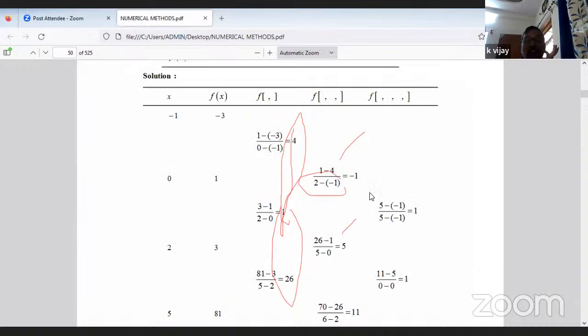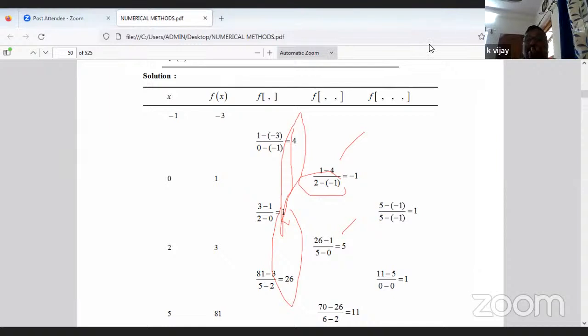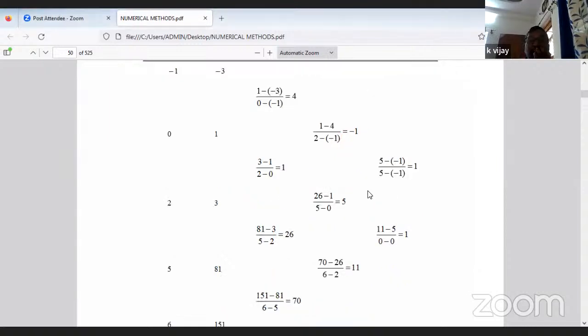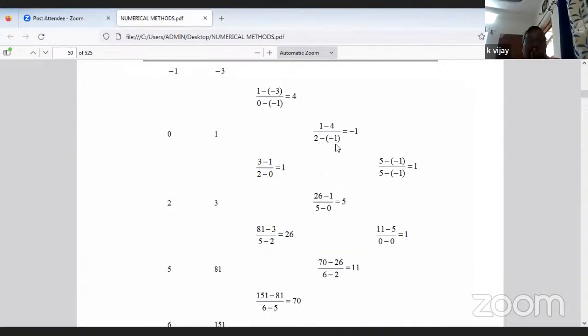I will ask you one question. Tell me how. We need to take clear values, no, sir? For the denominator, how are 2 minus minus 1 taken?